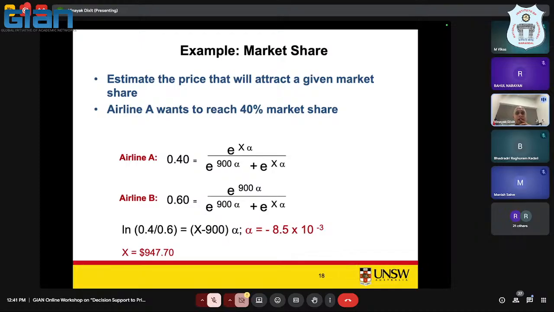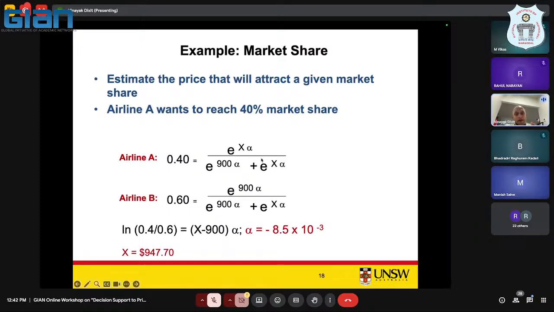If I look at my revenue, it is basically 0.4 multiplied by 947, which is 379.08, as opposed to 300 when it was 0.3 multiplied by 1,000, right?